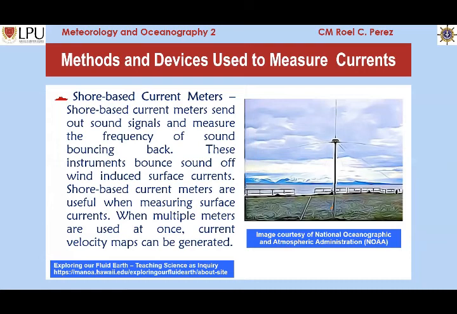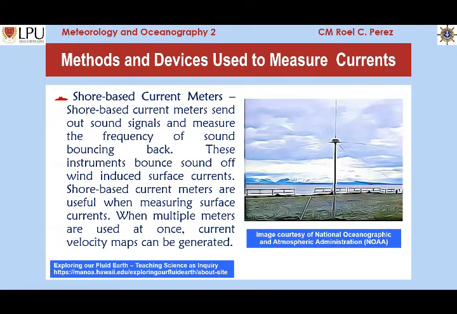And then we have the shore-based current meters. Shore-based current meters send out a sound signal and measure the frequency of sound bouncing back. These instruments bounce sound off wind-induced surface currents.